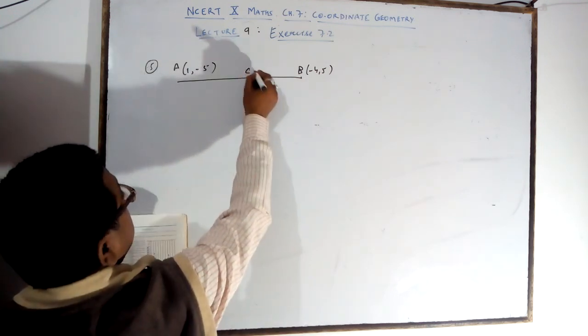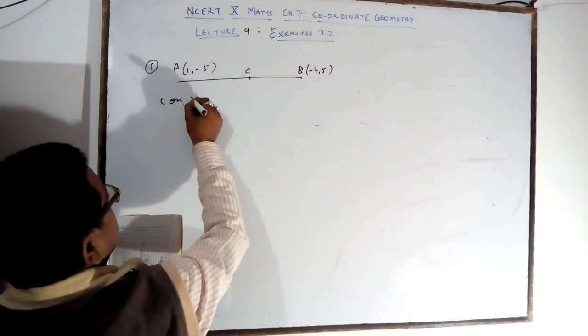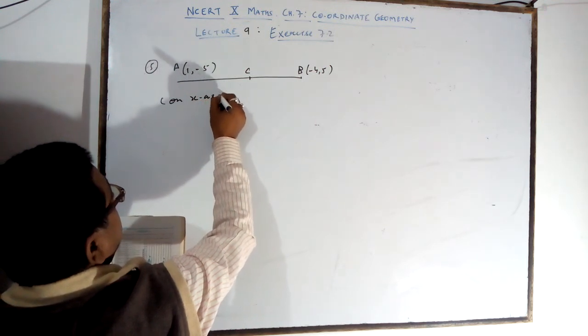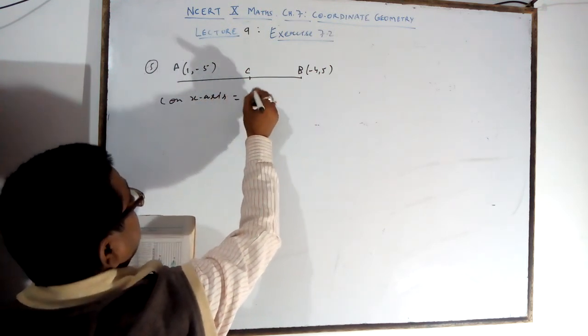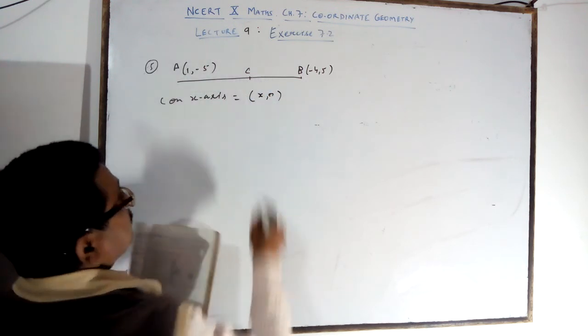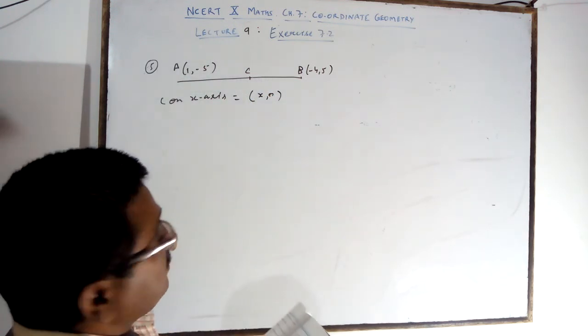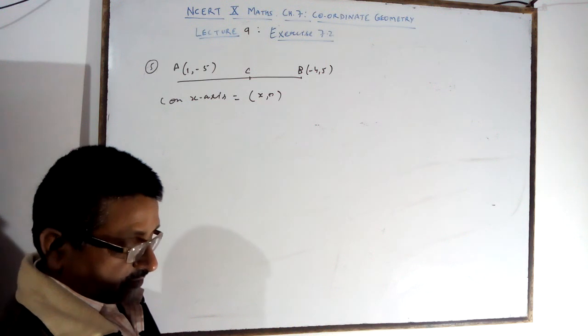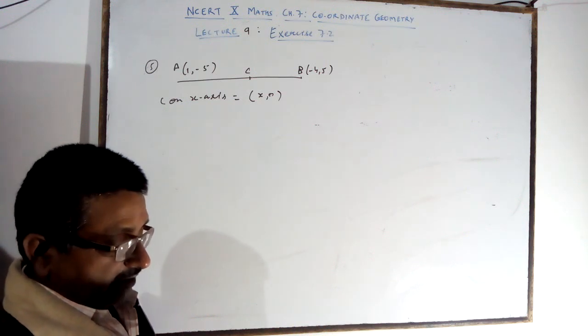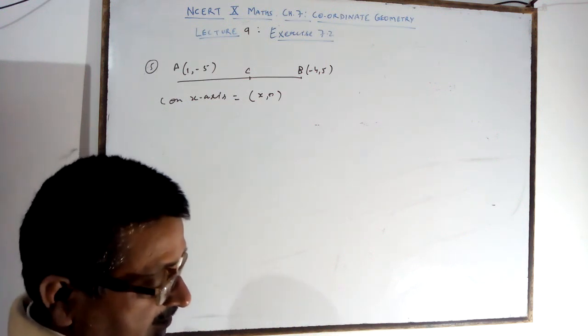Here there is a point C on the x-axis, which means its y coordinate is equal to 0. Also find the coordinate of the point of division.